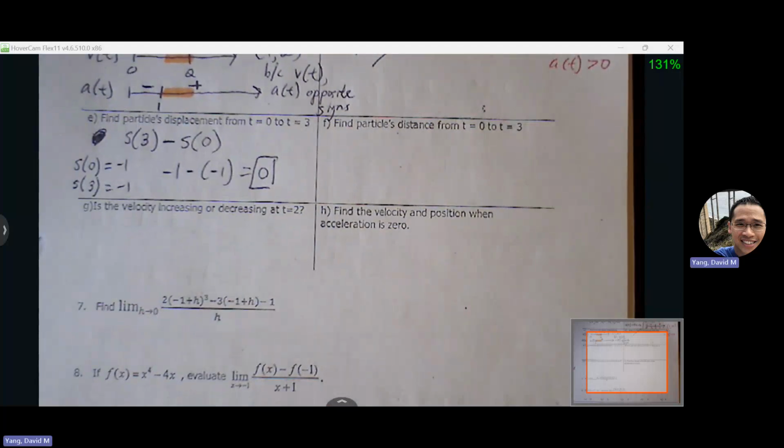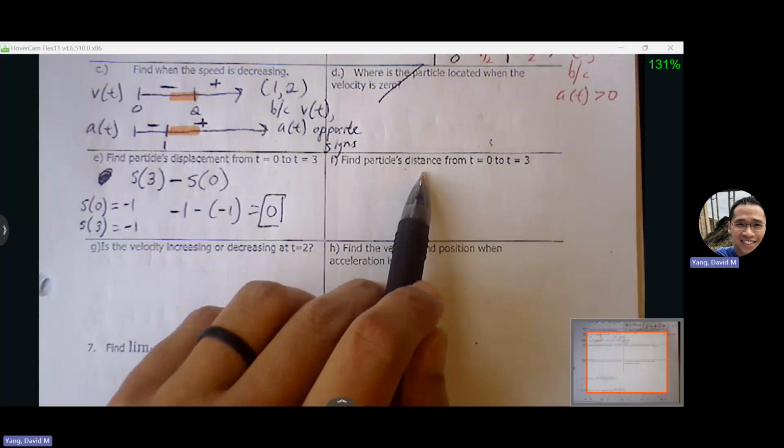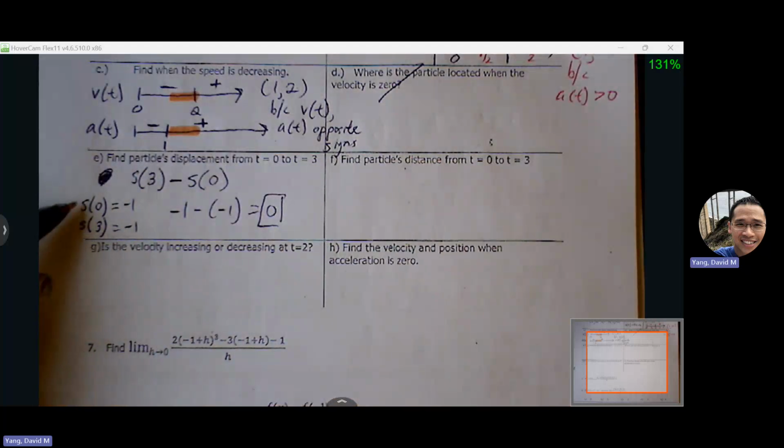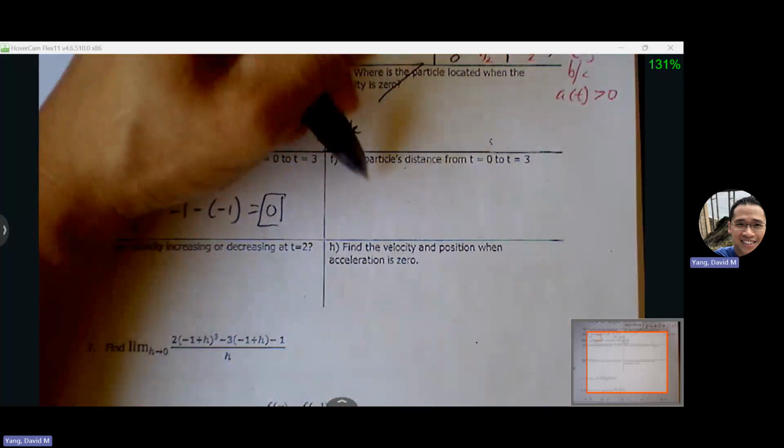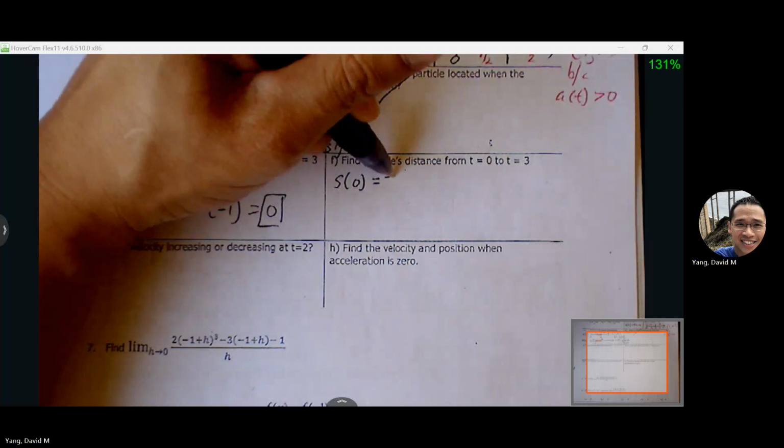So you're back to where you started. So displacement is just 0. All right, next up, the particle's distance. We also are going to involve the starting and ending point. So we still need S of 0.